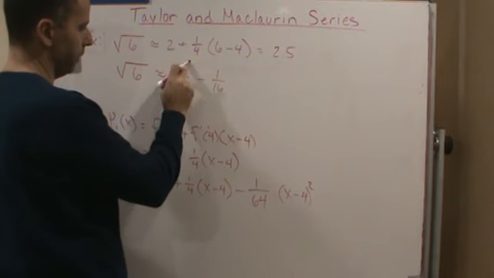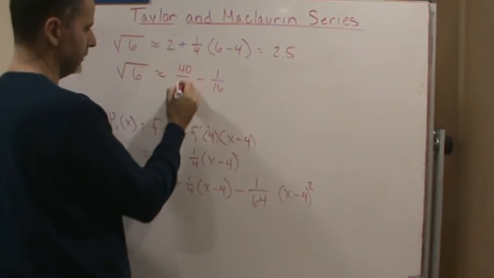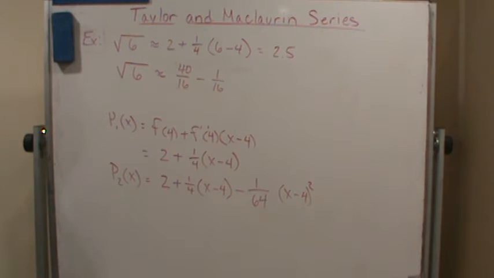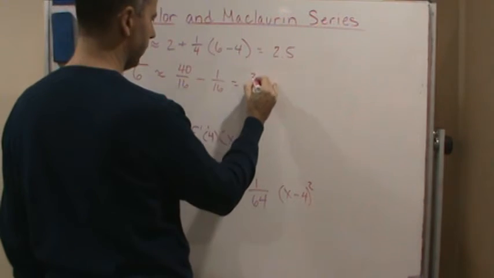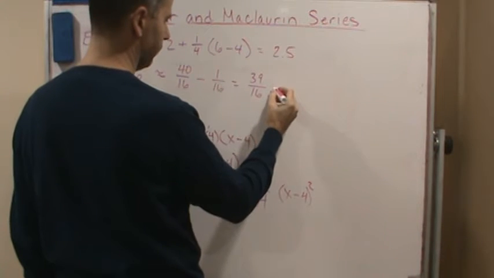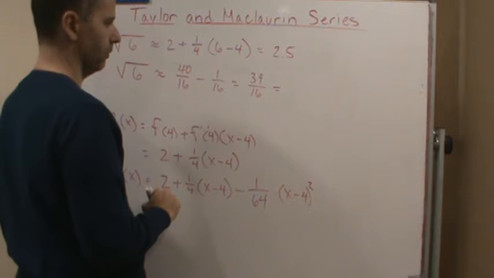This is 40 over 16, and so this gives us 39 over 16.